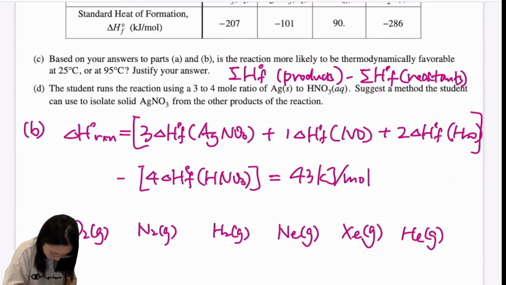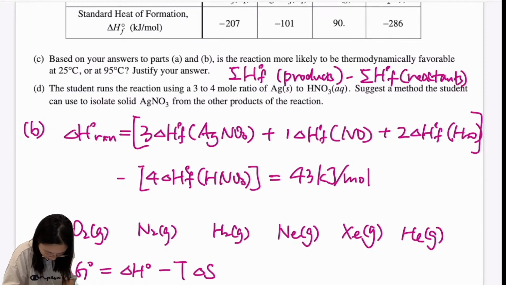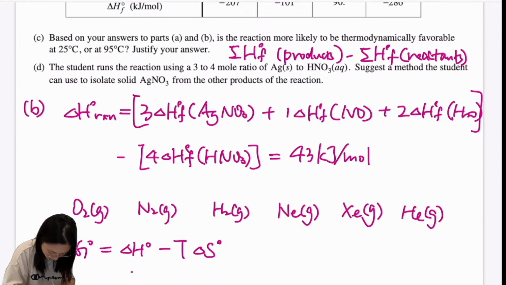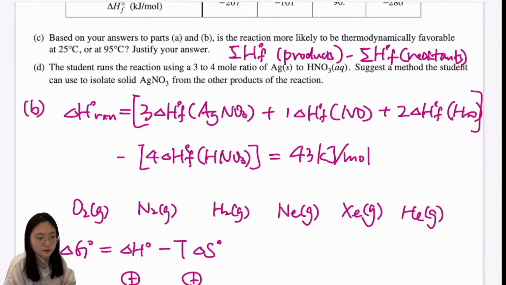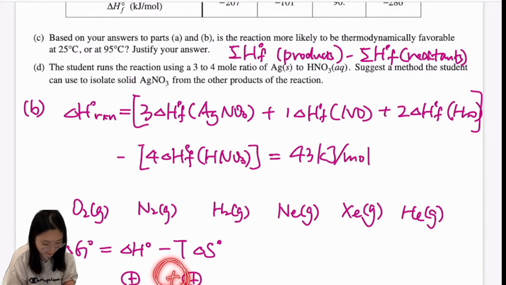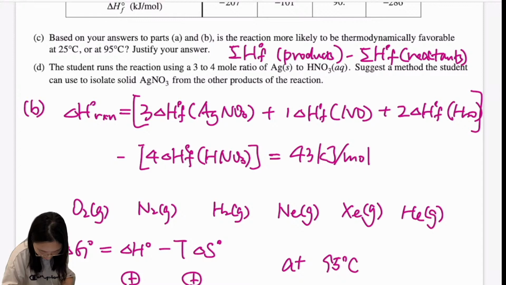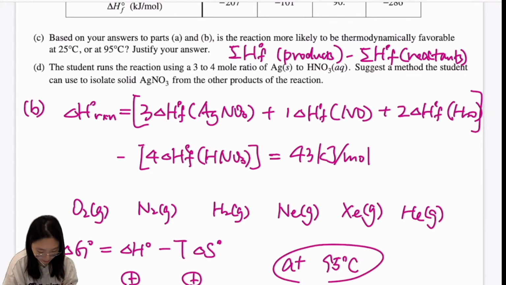Delta G, the Gibbs free energy change, is equal to delta H minus temperature times delta S. Both of them are positive values. To make sure delta G is negative, for it to be thermodynamically favorable, the temperature has to be a larger positive value. So it's more likely to be thermodynamically favorable at 95 degrees Celsius, because this is a higher temperature.